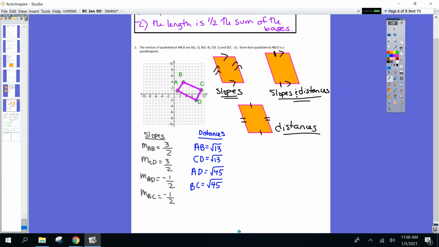Yep, because that is true. So depending on what method you guys did, make sure our slopes or distances match up.